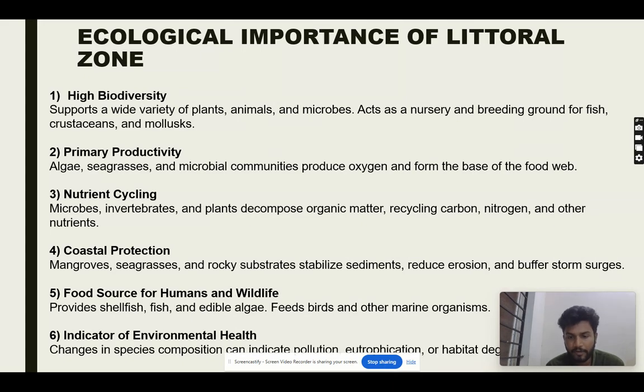It is also an indicator of environmental health. Changes in species composition within the littoral zone can indicate pollution, eutrophication or habitat degradation.